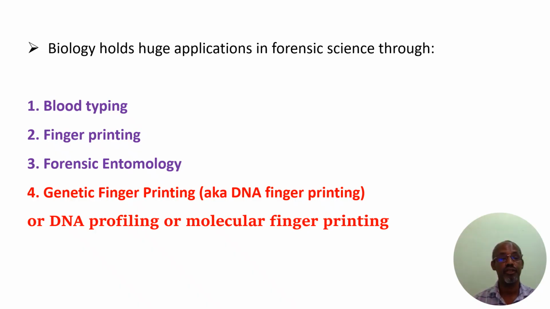Otherwise, humanity shares more than 99% of the DNA, identical or similar, of course. Therefore, we shall talk about this issue later on in this section. Now you can see the general, usual traditional fingerprint is the middle one. We call it simply fingerprint.